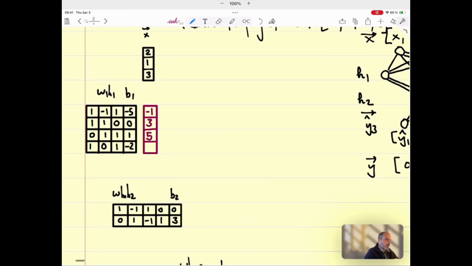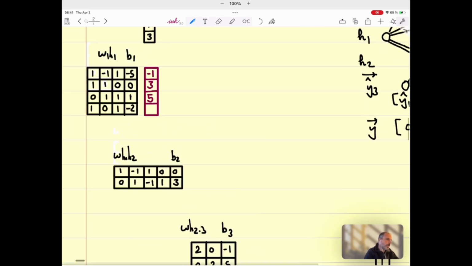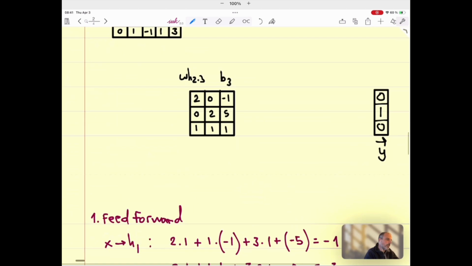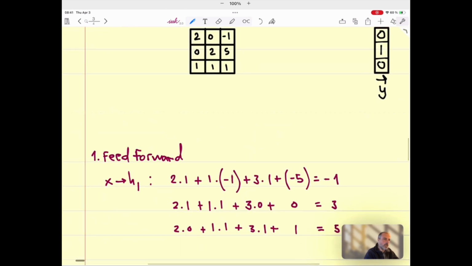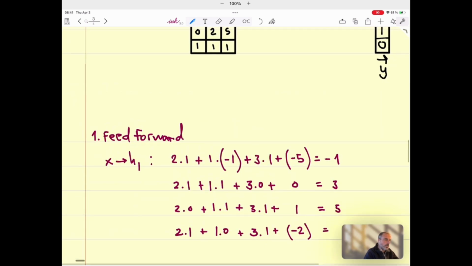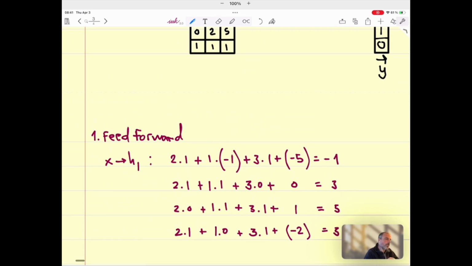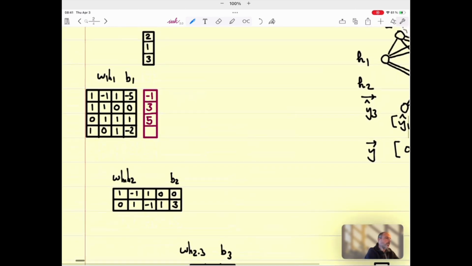And then 2 times 1 plus 1 times 0 plus 3 times 1 plus minus 2 equal 3.